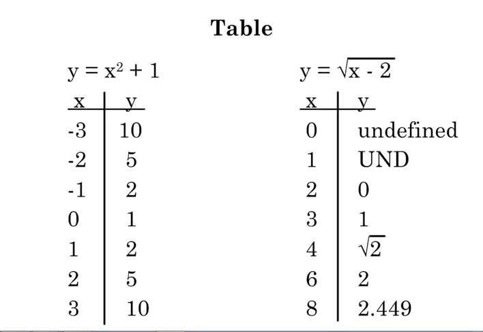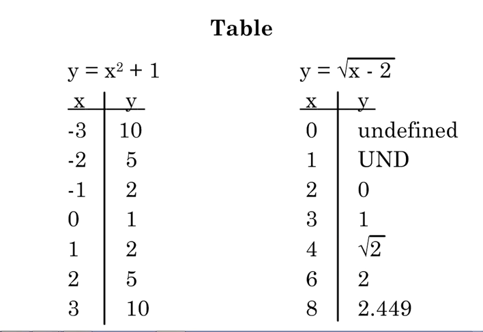Another thing, just kind of a random point that I want to throw in here. We're in the habit of always using whole numbers for our x values. But remember, you're not limited to that, okay? I could plug 1.5 into this function. I could square 1.5 and I could add 1 to it.